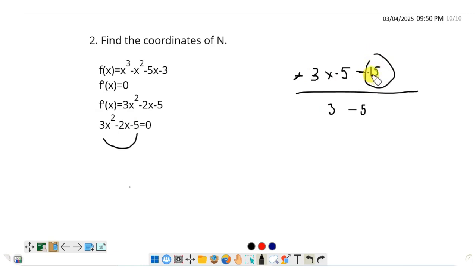Once you get it, you find the two numbers that multiply to give that number, but when you add them give the middle coefficient. So it's negative 5 and 3, because 3 times negative 5 is negative 15, and 3 plus negative 5 when you add them together is negative 2.